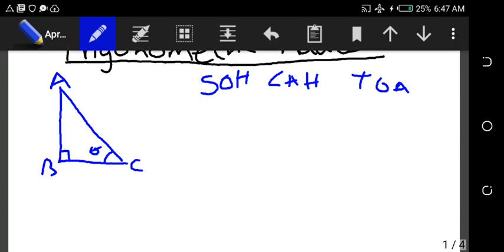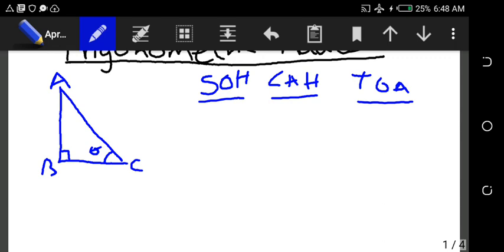Okay, so that's SOHCAHTOA. Now the SOHCAHTOA is an acronym. This S there stands for sine, the C stands for cos, and then the T stands for your tan. Alright, now for your O stands for opposite, H for hypotenuse, and A for the adjacent side.